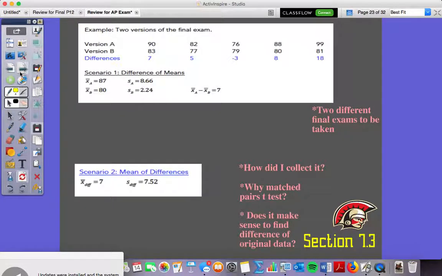Good. Mean of differences. Is that what this is? Matched pairs. Yeah, this one on 7.3 would be matched pairs. The difference of means here versus mean of differences, where we have 2 samples.